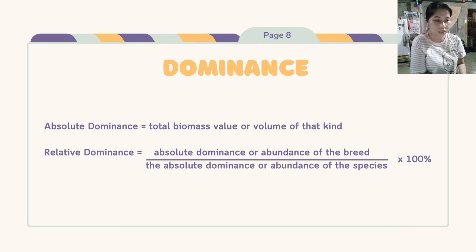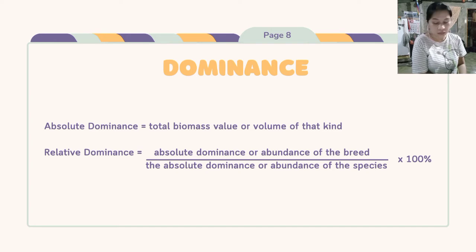In a 100 square meter yard, we are looking for the relative dominance of the nut grass against all the other species of grasses present in that area. We have also the Cynodon dactylon and the chickweed.